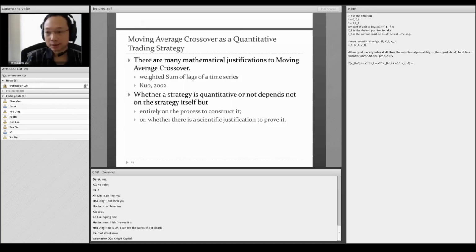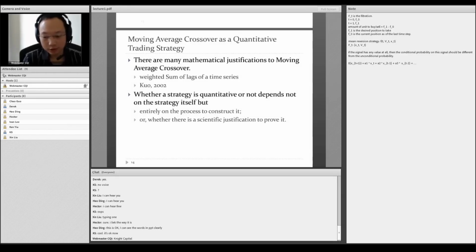There's also some more advanced proof for the moving average crossover strategy from a 2002 paper, and this is the proof that we are going to get into in detail. So what's the take-home message?